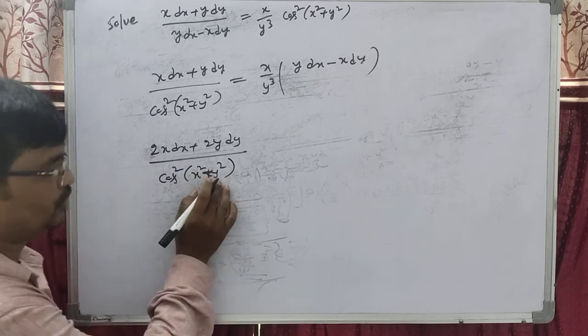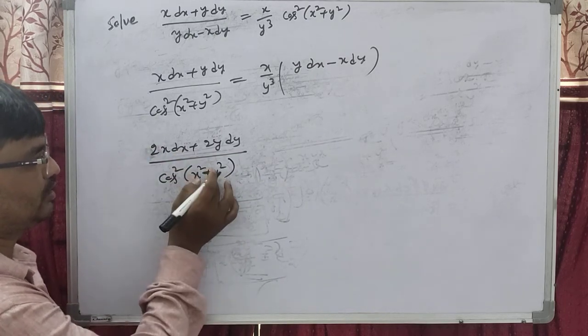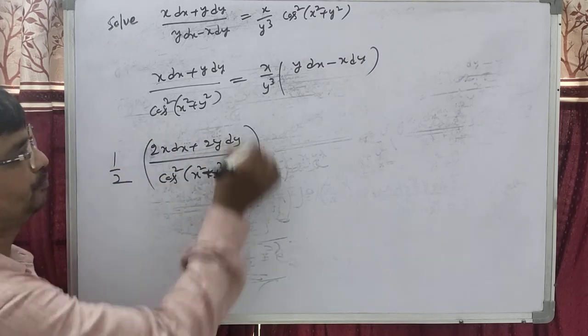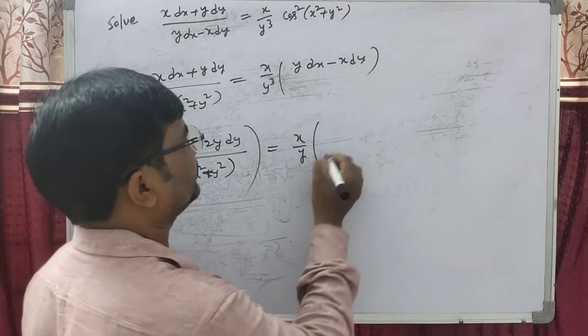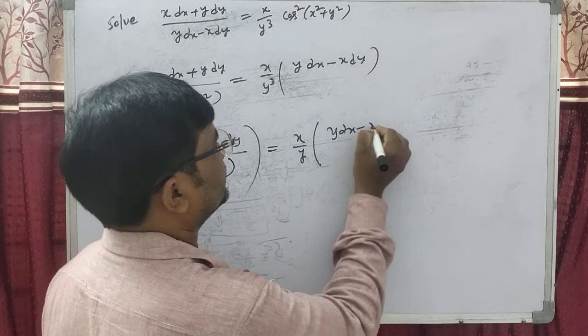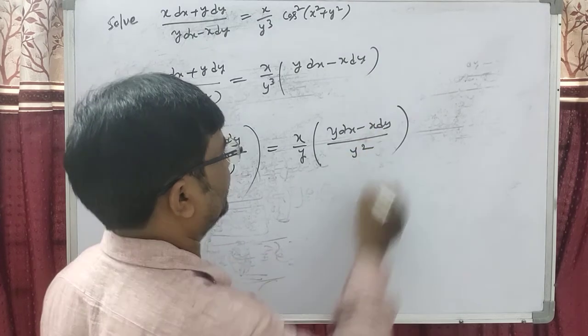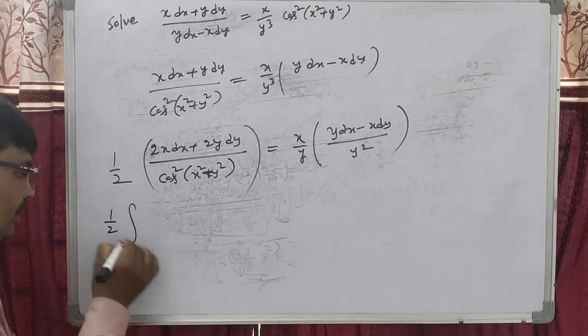Taking t, the x square derivative is 2x dx and the y square derivative is 2y dy, and we also take 2 by 2. How can you write this? It is x by y, dx minus x dy by y square. This is 1 by 2 into integral.